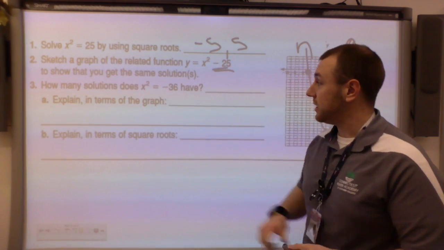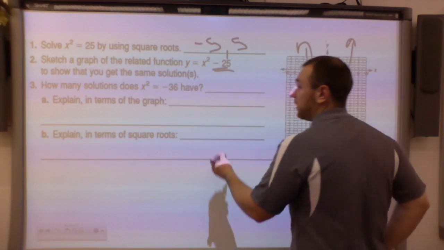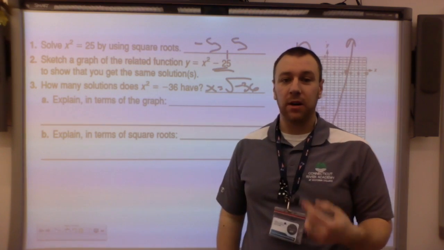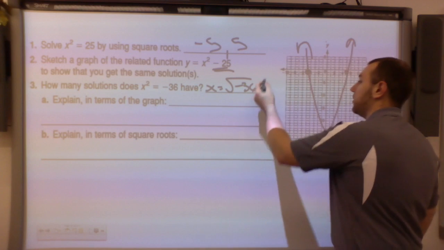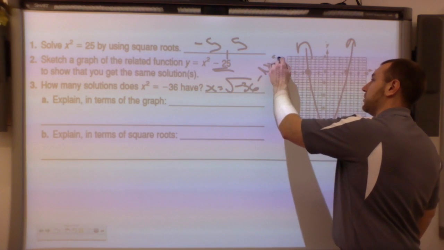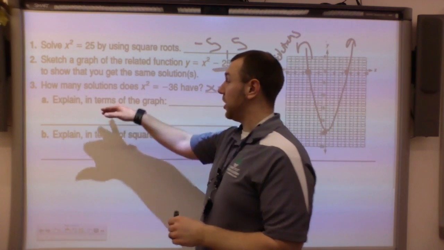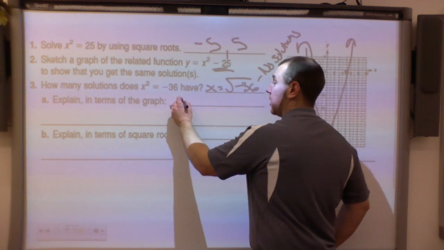How many solutions does x squared equals negative 36 have? Well, x would be the square root of negative 36, and you can't find the square root of a negative. So that is no solutions. This means that it won't cross the x-axis.